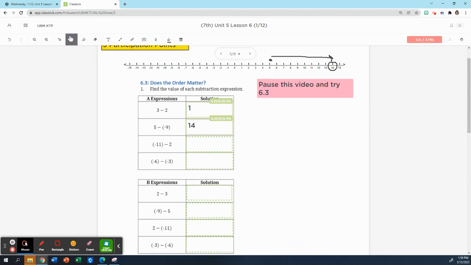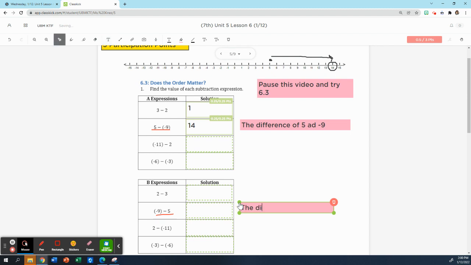In contrast, let's take a look at the similar expression in B, when I have negative 9 minus 5. The equation has flipped. In the first table, I'm finding the difference of 5 and negative 9. But in this table, I'm finding the difference of negative 9 and 5.